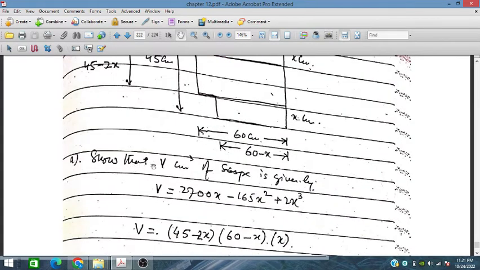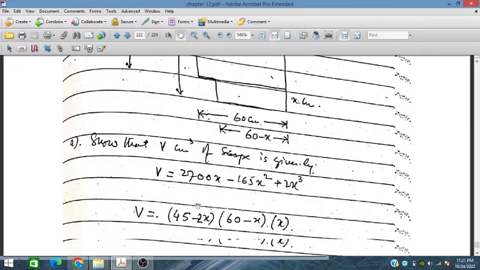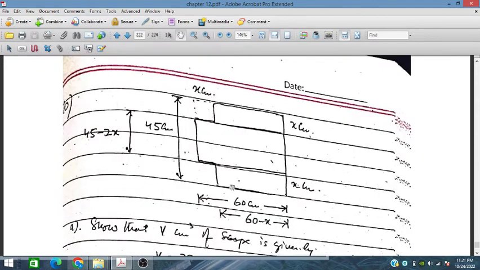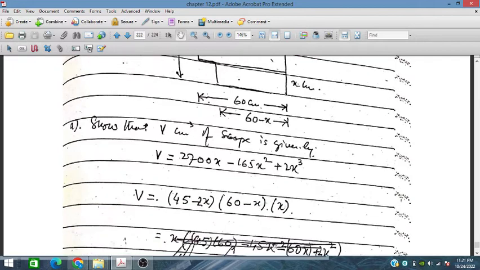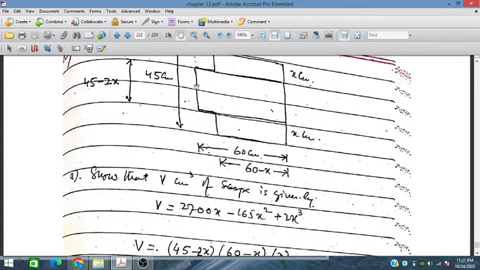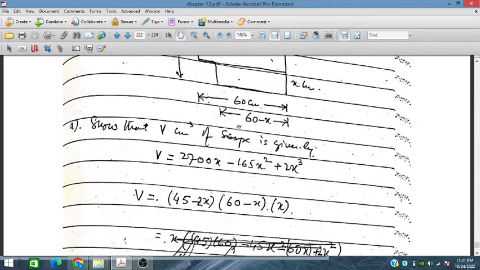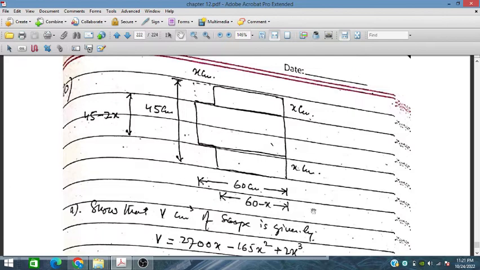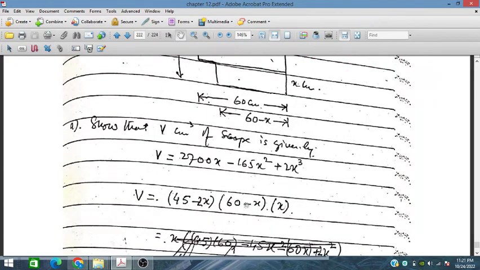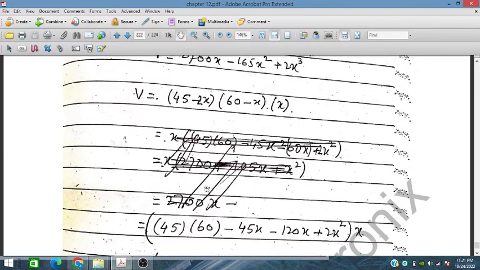So show that V, the volume in cubic centimeters of the scoop, is given by this. This scoop has this kind of structure. So the height is x, this length is 60 minus x, while this length is 45 minus 2x. So 45 minus 2x, 60 minus x, and x, and we multiply.